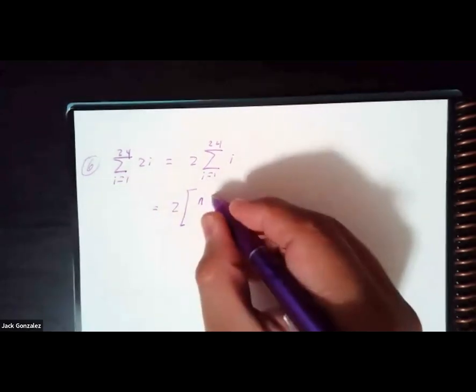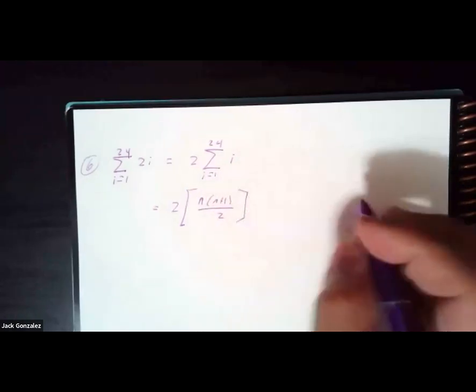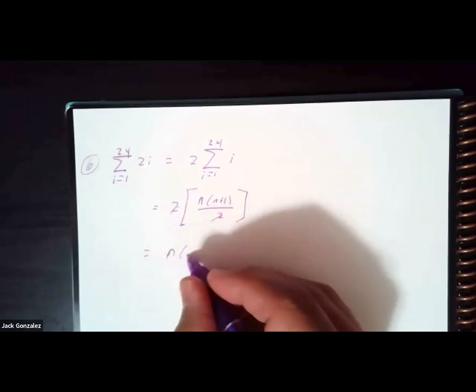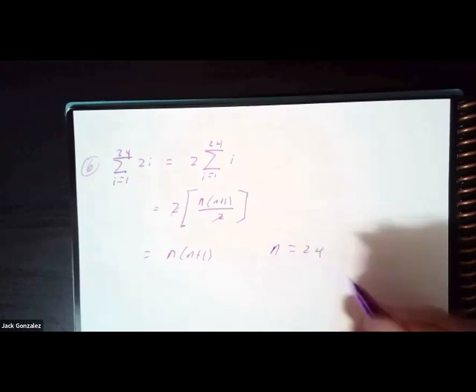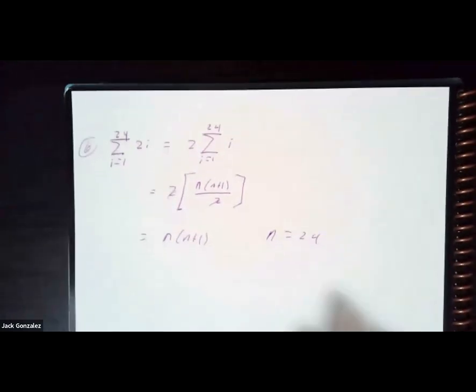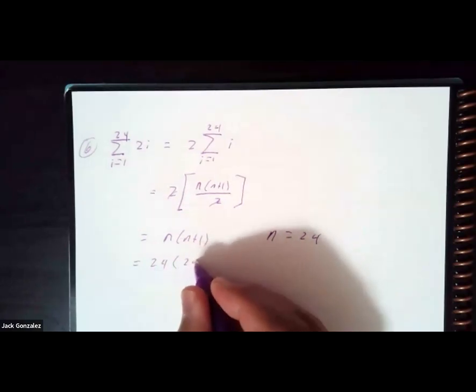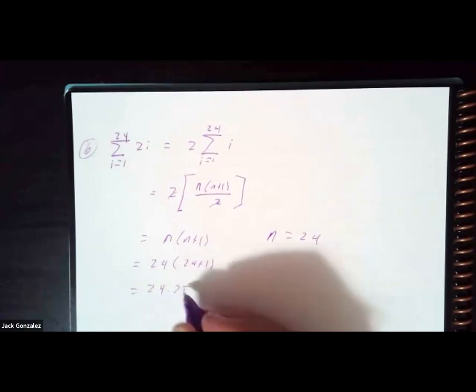Yeah. These 2's will cancel, leaving me with n times n plus 1, but what is n? N is 24. So this is actually 24 times 24 plus 1. So 24 times 25.